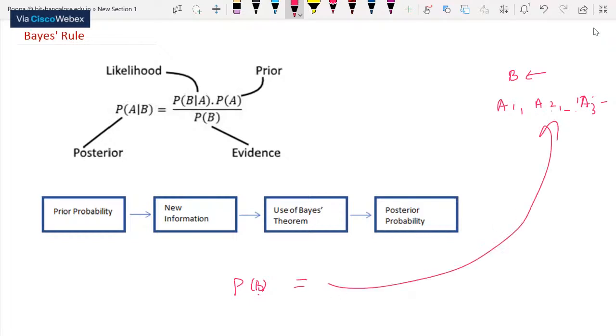You know that you have events E1, E2. Then P of B is equal to P of E1 into P of B given E1. I write the probability of B as the student attending the class and then how much is listening to the class, that is B given A1.